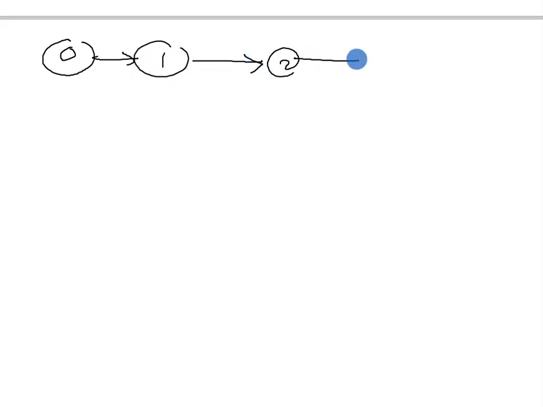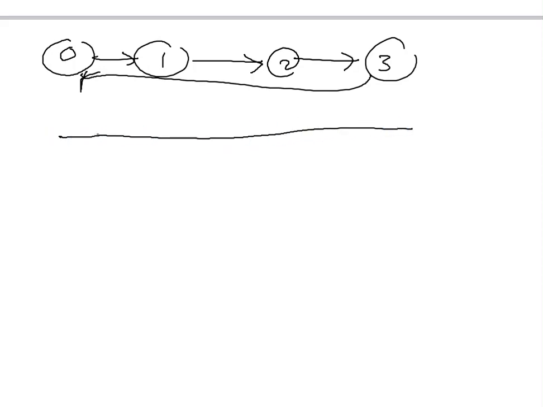So first, we have the state transition diagram 0 to 1, 1 to 2, 2 to 3, and then back to 0. So now I'm going to draw the excitation table.